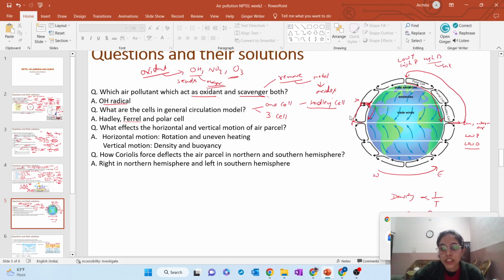So these trade winds move away from the direction of movement of the earth. On the other hand, the air which moves towards the Ferrel cell or towards the pole moves in the direction of movement of earth. You see, and they are called westerlies because they begin from the west.